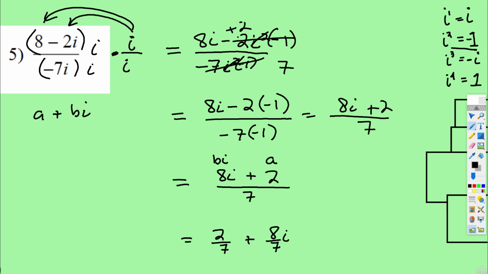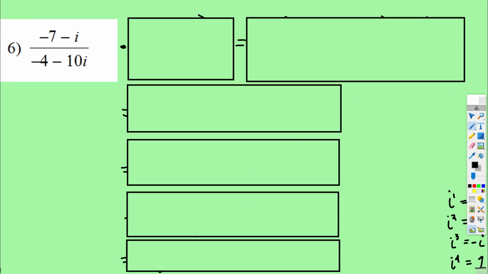All right, and then when we have a binomial divided by a binomial, that is when you're going to multiply, we've done this before, multiply by the conjugate. And the conjugate of -4 subtract 10i would be -4 plus 10i.